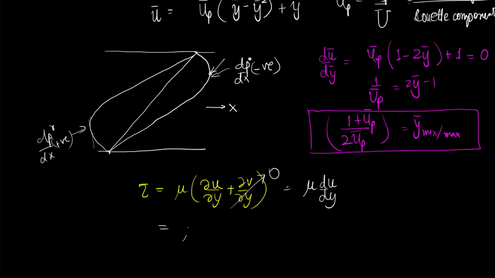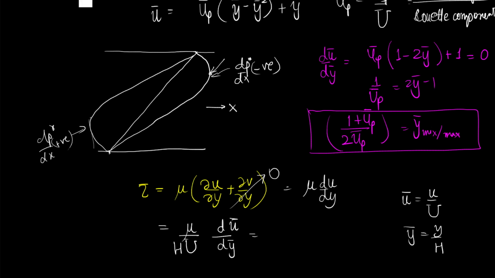So this is mu capital U du bar upon dy bar times h, because y bar is equal to y upon h. Sorry, this capital U should be in the numerator.